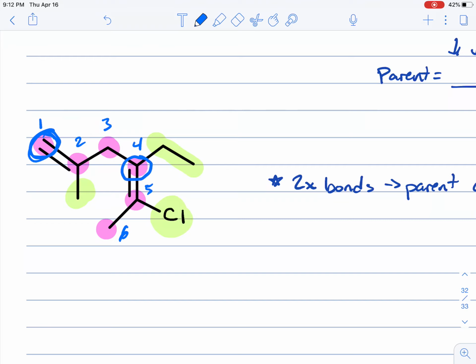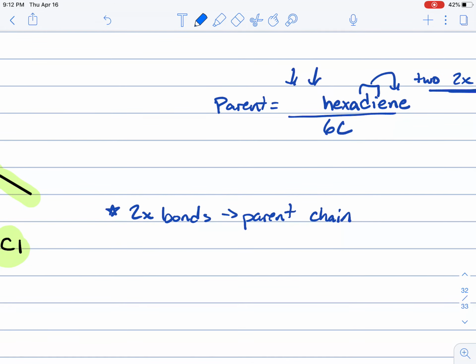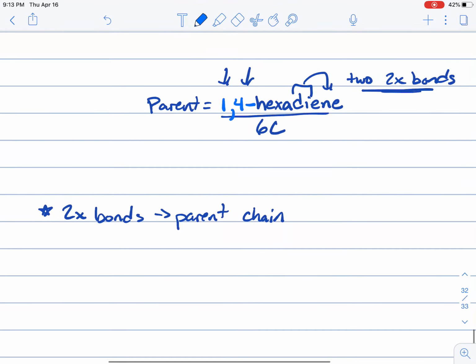And on the fourth carbon, that's also where the second double bond starts. And so I'm going to go ahead and put in here 1,4-hexadiene. That's telling me that I have a double bond on the first carbon and I have a double bond on the fourth carbon.